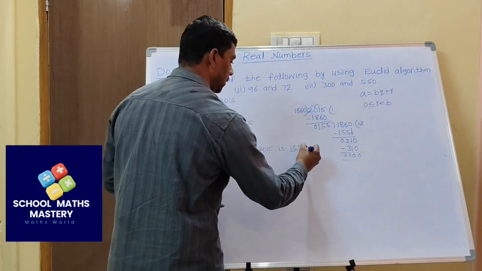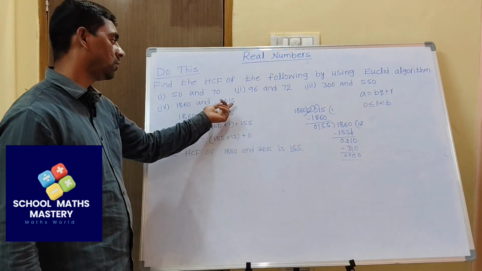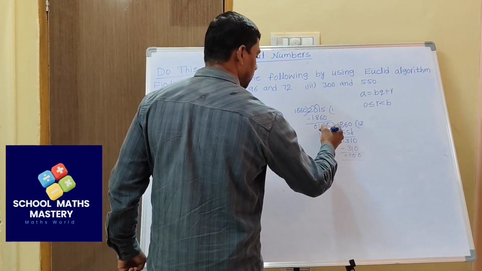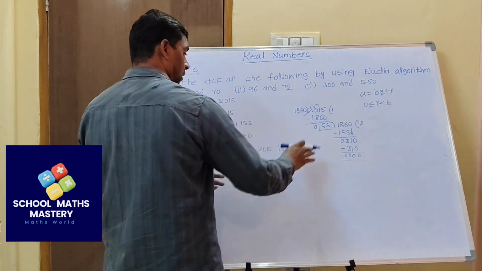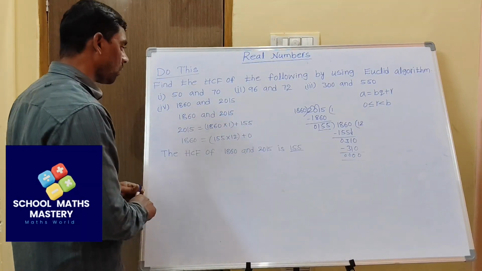This is the highest common factor of 1860 and 2015. Look here, 155, this is the last divisor. So this is the HCF of 1860 and 2015.